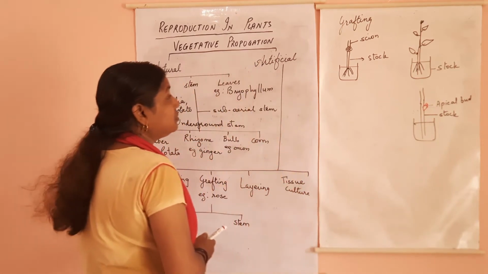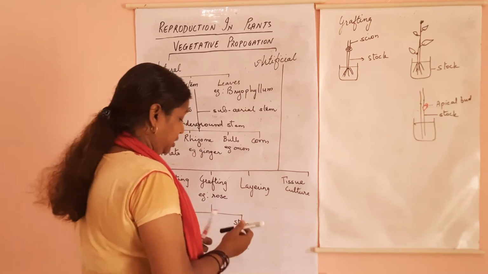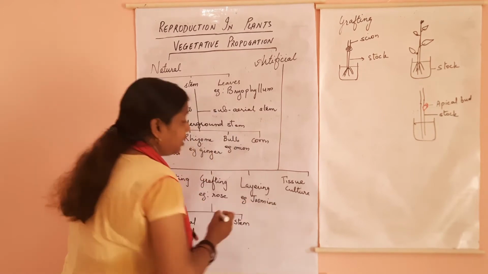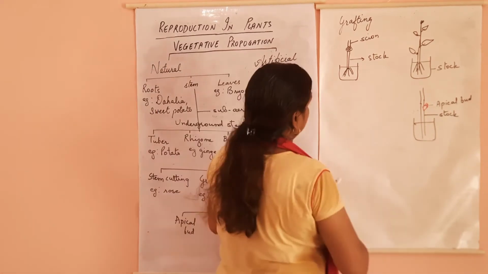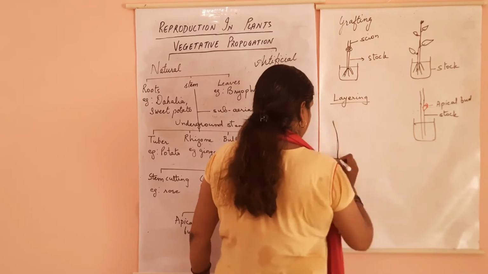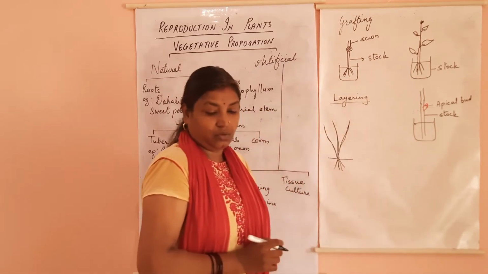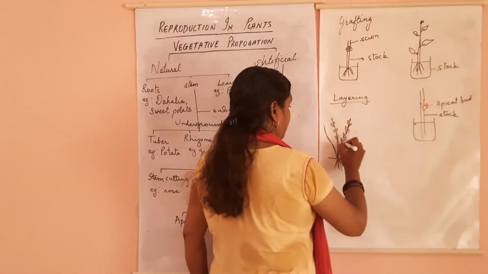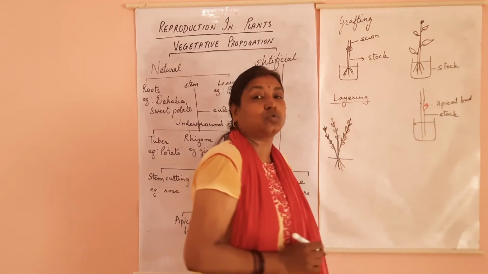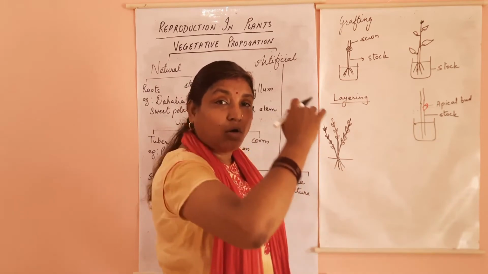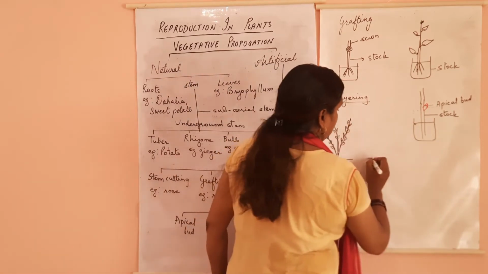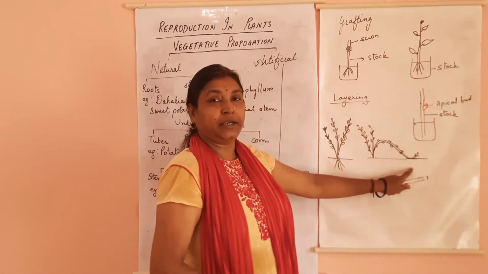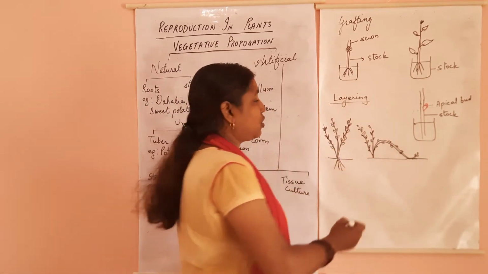Then coming to third type, that is layering. Layering is seen in jasmine. In layering what we do? In layering, you will have number of branches growing. Number of branches grow, and then one of the branch, suppose this branch, one of the branch is bent and buried in the soil.